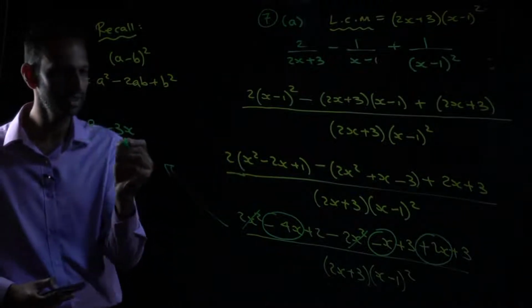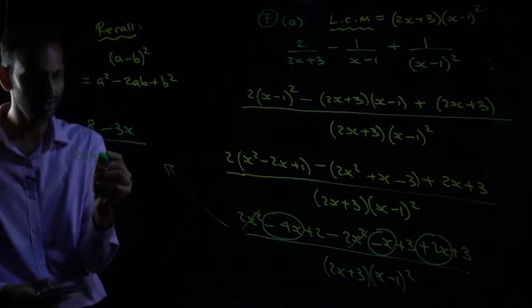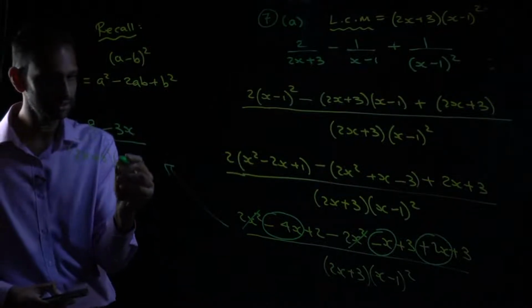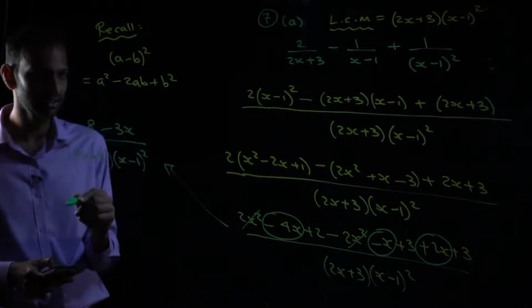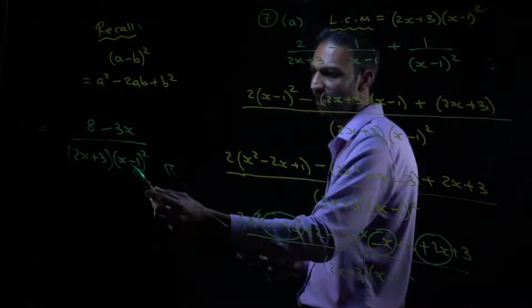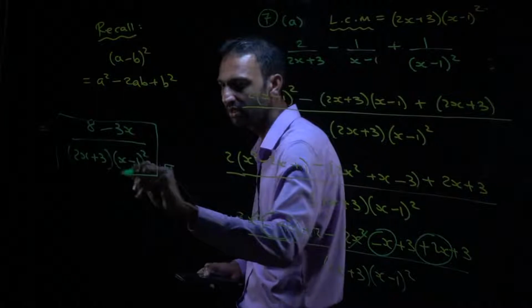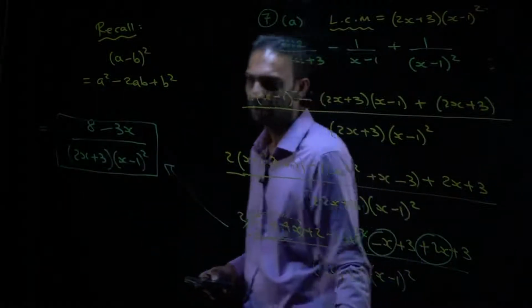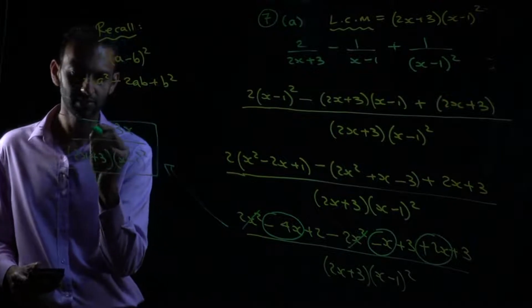Divide by the denominator. So that's equal to 2x plus 3 times x minus 1 to the squared. So 8 minus 3x divided by 2x plus 3 times x minus 1 to the squared. Boom, that's the required expression that we are asked to show. Just erase that a little bit and put it properly.